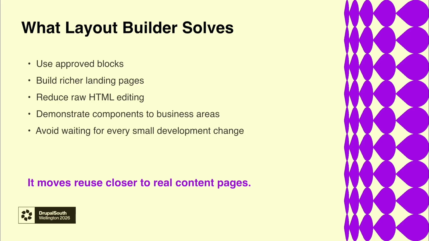Layout Builder solves the page assembly problem. It gives site builders a practical way to use approved building blocks in a real page. This is important because a component library is only useful if people can actually use it. So Layout Builder helps move components from something in the code to something a site builder can do.